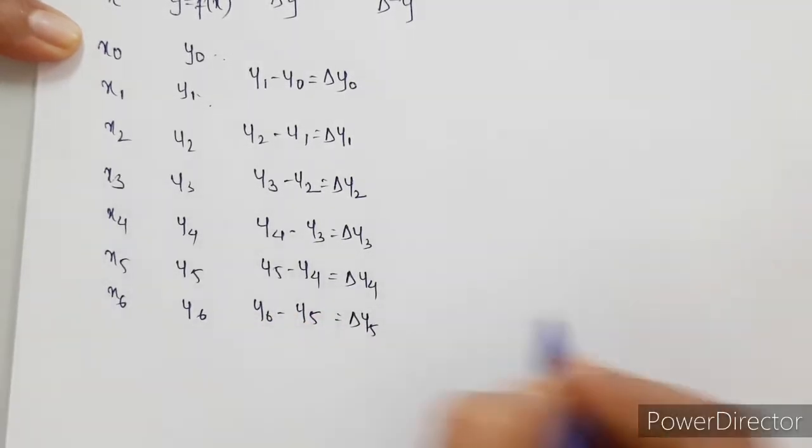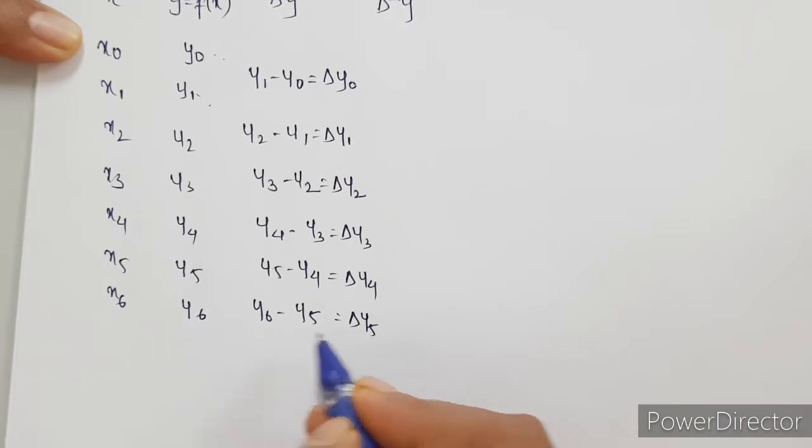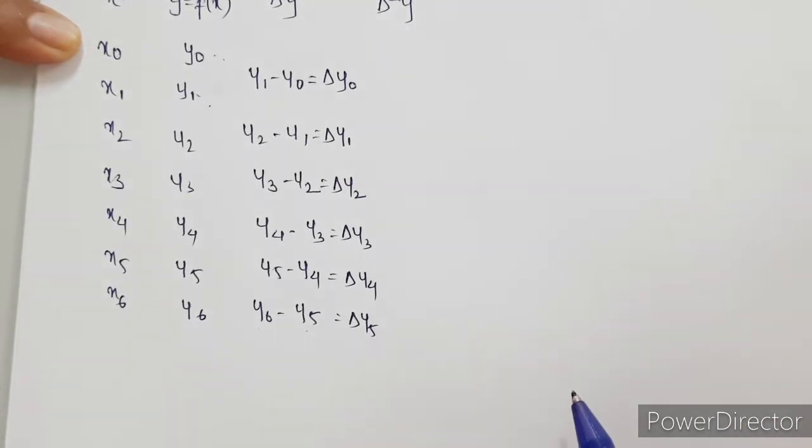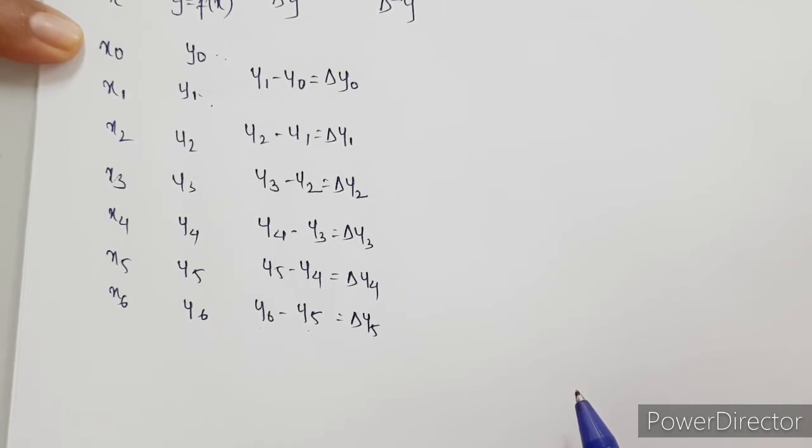So forward difference of y5 is y6 minus y5. It is y0 plus 6 times h minus y0 plus 5 times h.